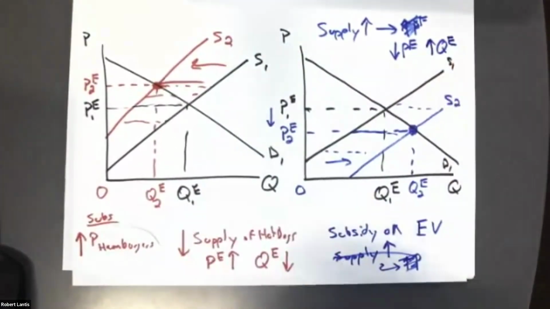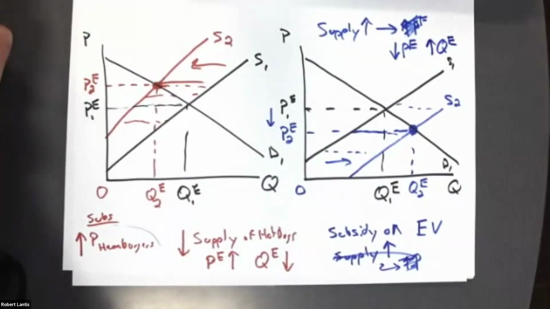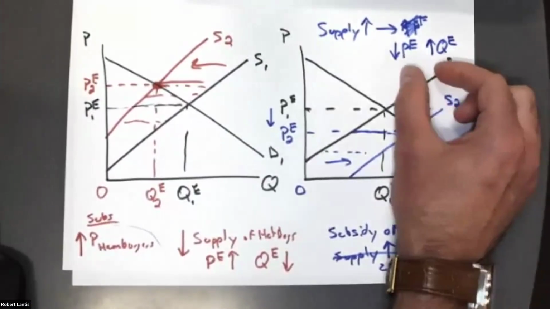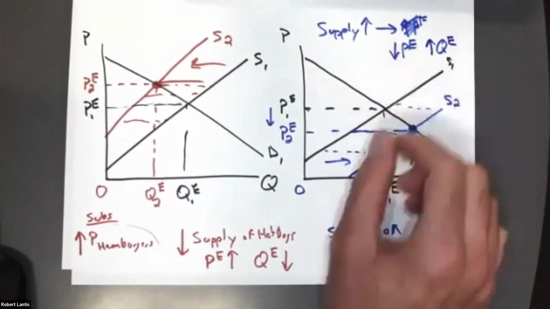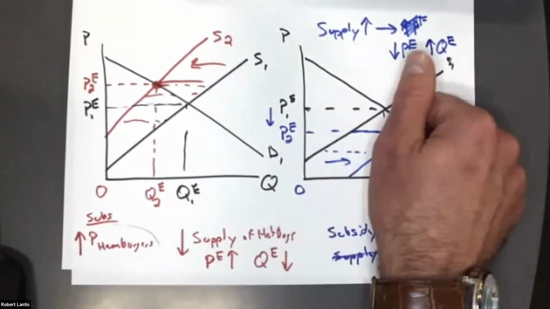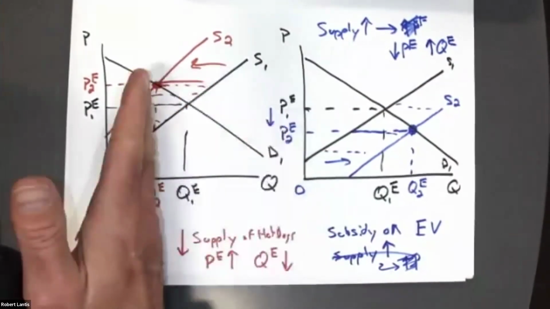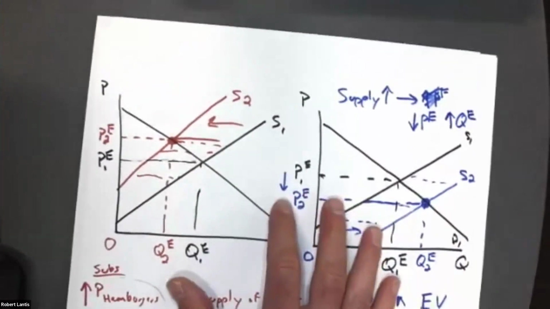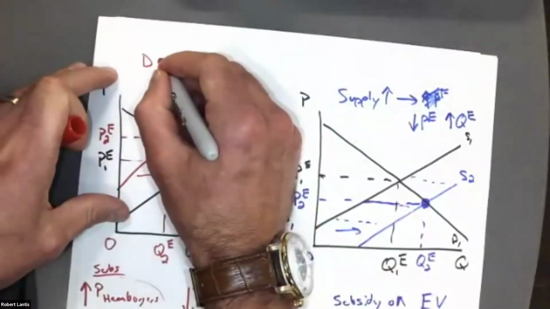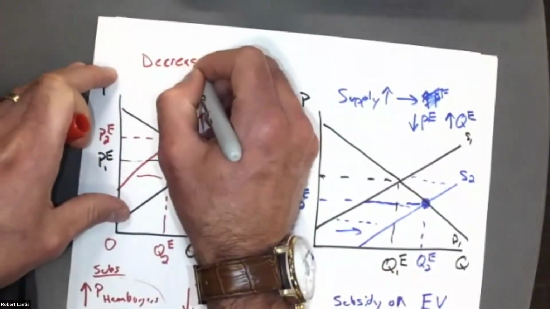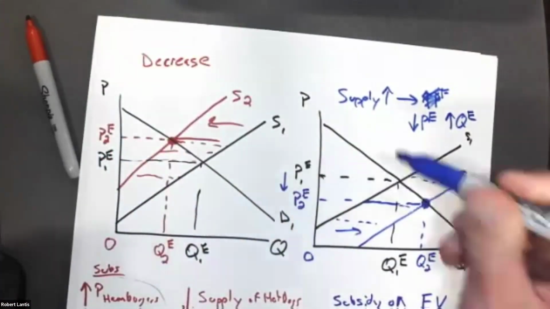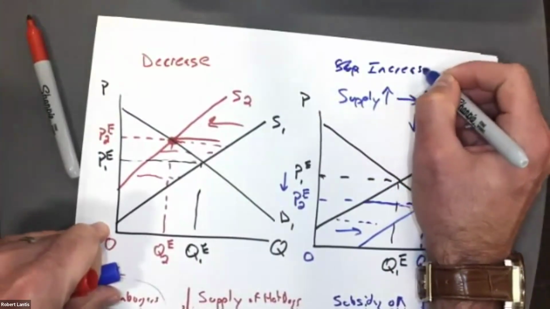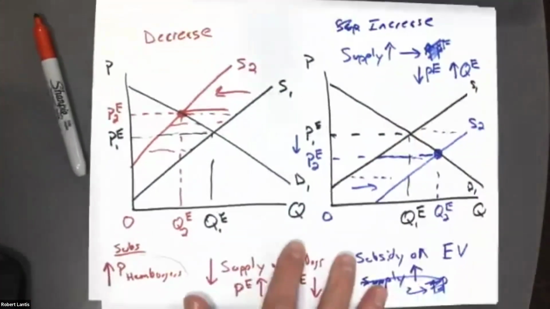Sorry, I need to slow myself down a little bit, okay? So same kind of thing, right? Price and quantity are moving in opposite directions. It's just that they're kind of flipped when I'm looking at a supply decrease versus a supply increase. Okay. So just to be clear, if you're labeling your own graphs and you don't want to use these arrows, this was my supply decrease. Here, this was my supply increase. Okay.